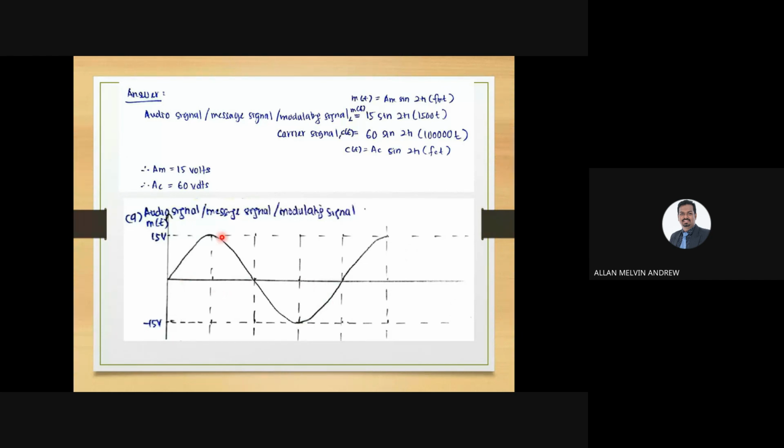A sine wave means it starts from 0. That is how you draw your message signal. It depends only on Am, the amplitude of the modulating signal, 15 volt, so the peak cannot be lesser or more than 15 volt. Do you understand how you draw this?